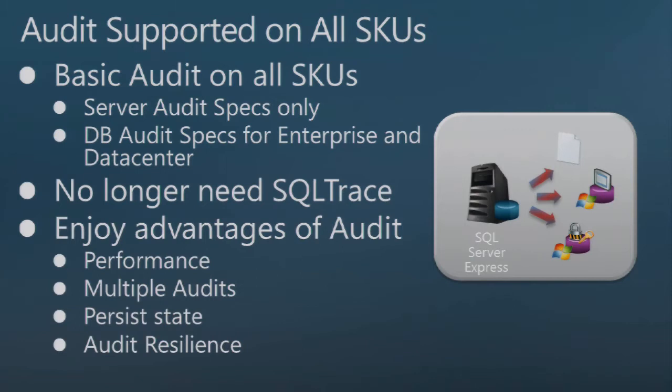This means that you no longer need to depend on SQL Trace across your enterprise. You can enjoy the basic advantages of audit across all of your SKUs from Express through Enterprise, which include performance, multiple audit targets, persistent state, and audit resilience of the audit logs.